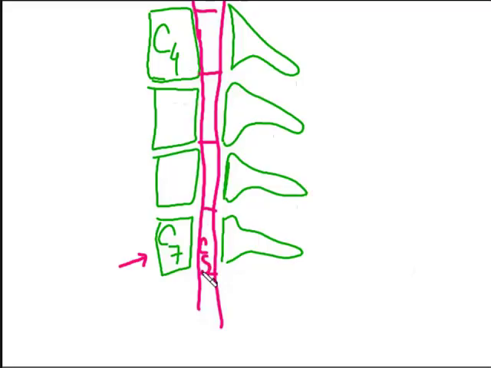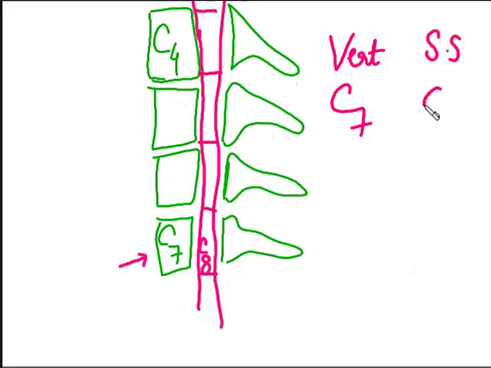So in the cervical region, if the vertebral level was C7, you add 1, so the spinal segment at that level will be C8. And if the vertebral level was C6, the spinal segment will be C7.